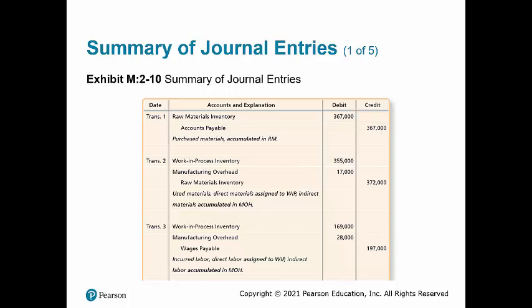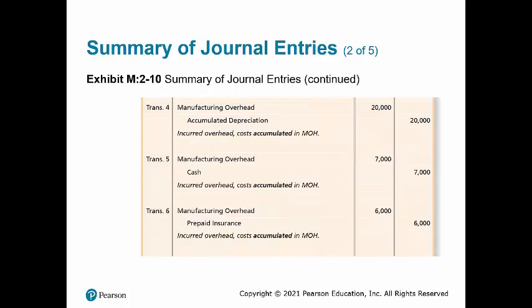Then in transaction 3, we recorded our direct labor as a debit to work in process inventory and our indirect labor as a debit to manufacturing overhead, and we credited wages payable for the total. Then we began to record a series of transactions representing the manufacturing overhead for the factory.